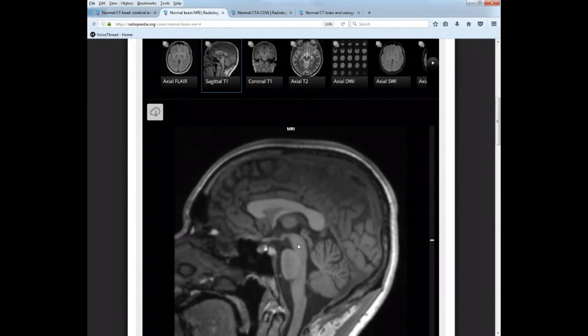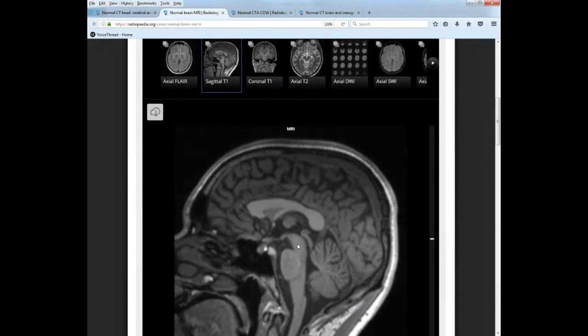If you go to a slice where the aqueduct of Sylvius is coming down here to the 4th ventricle, there's your 4th ventricle. If you see that aqueduct, the area anterior is going to be the cerebral peduncles, and the area posterior is the tectum. Those are the 2 segments of the midbrain.